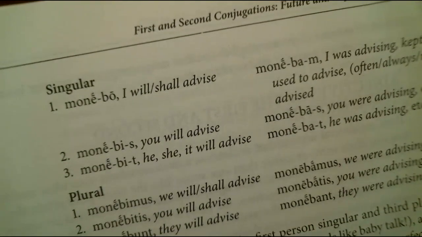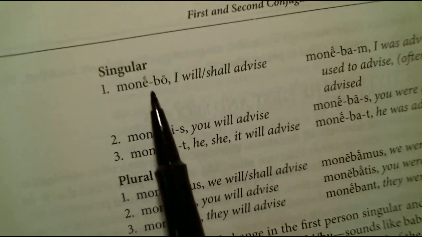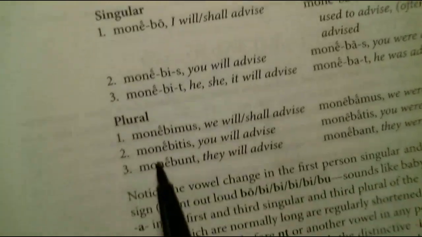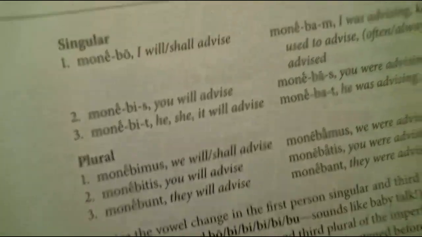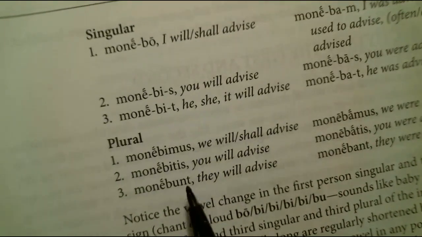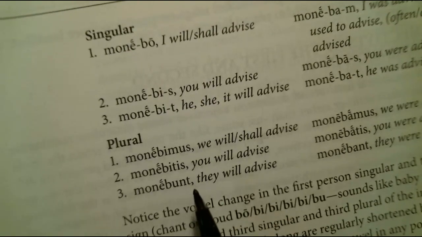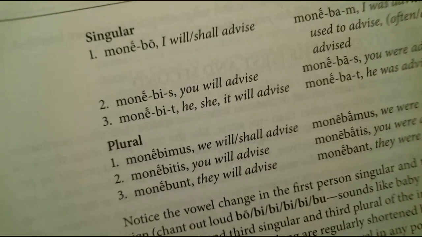Just like we had laudabo, now we have monebo. They do their singular plural on top of each other, which is fine. Then the endings are going to be the same. You're going to say bo, bis, bit, bimus, bitis, bunt. The endings are the same in the second conjugation as they are in the first conjugation, right?